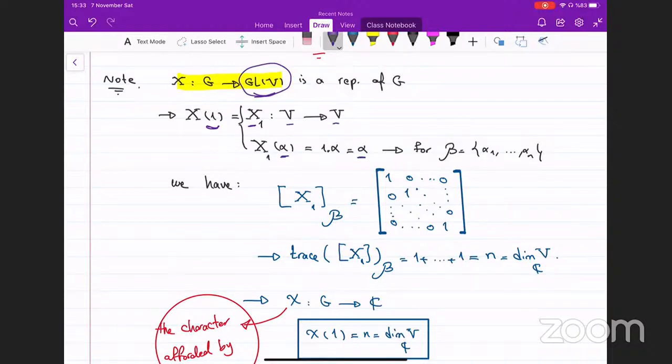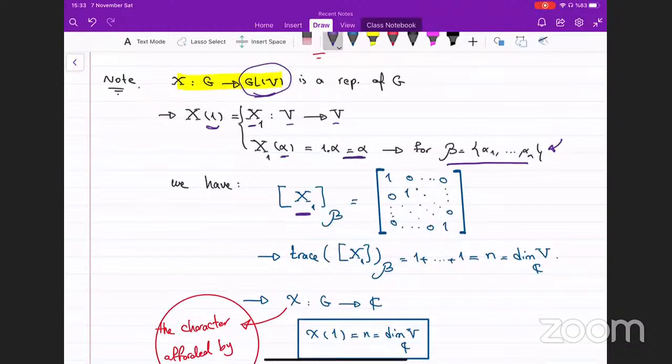So if I choose a basis, as I told you, the choice of basis is not important for us. So choose one arbitrary basis for your vector space and then fix it. I start working with this basis beta, alpha 1 up to alpha n. Then what is the representing matrix of this X index 1 with respect to beta? It fixes every element.